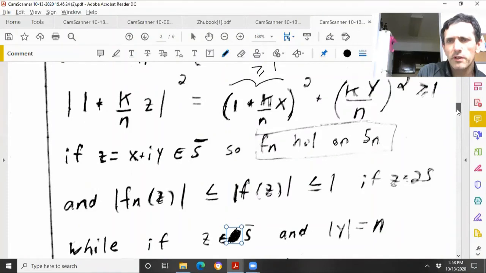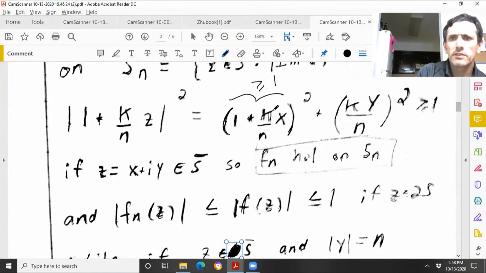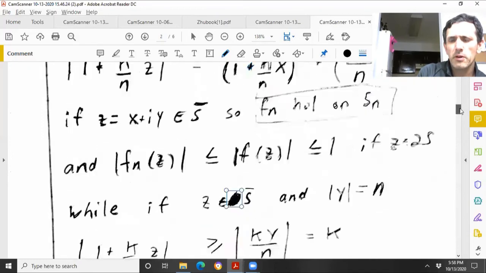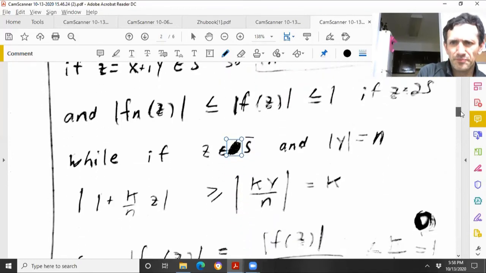Well, actually, we don't even care. This is obviously bigger or equal to 0. So we just want to look at what's going on with the imaginary part. Well, the imaginary part is either n or minus n. Okay, so this is equal to k.